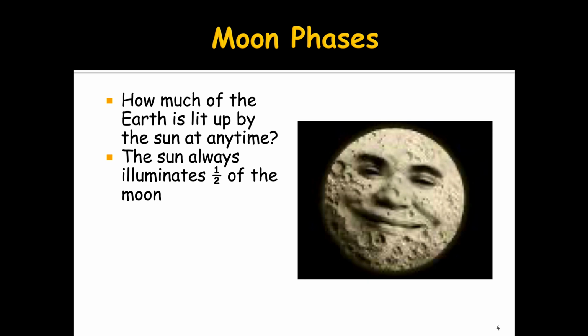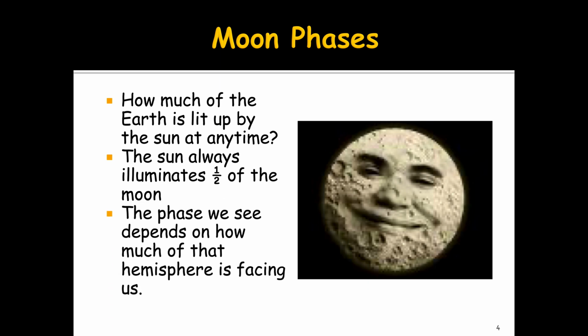We just don't always get to see that entire half. Sometimes we do, but not always. So the phase we see really just depends on how much of that illuminated half you are looking at, and that is dependent on where the moon is in its trip around the Earth.